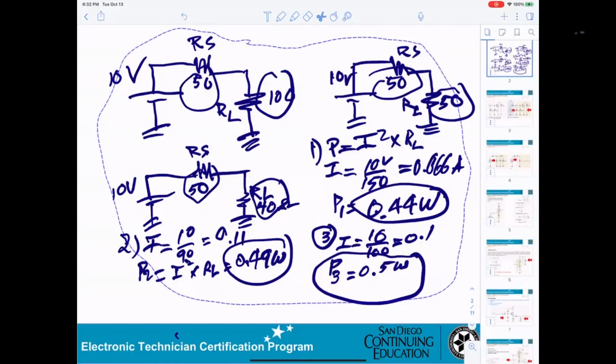Hey, Mr. Pham, I understand RL is the load. Well, what is RS in this? What role does RS play in this? That means the internal output resistance of the amplifier or the generator, anything. Oh, so RS is the amplifier or something else?